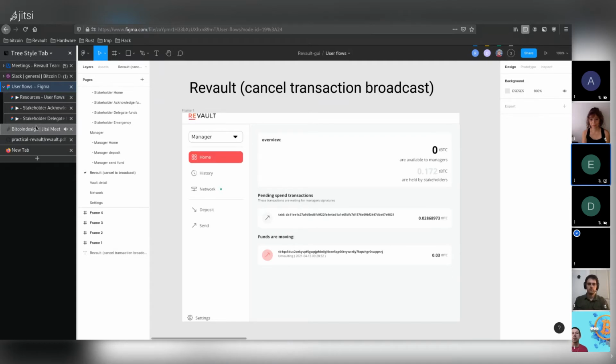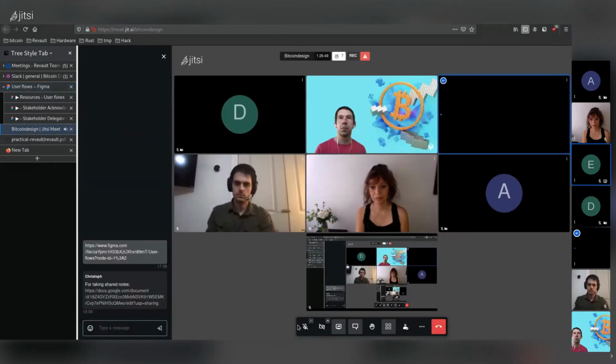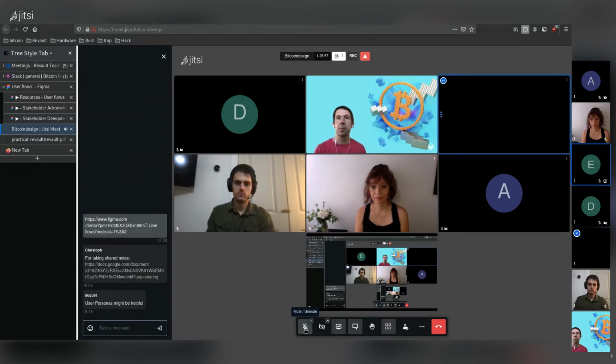How many stakeholders would there be? How many managers? What's the setup internally, and what are the needs that would dictate what should even be in the GUI? So I was thinking more on the earlier side, like what's the scenario you're trying to solve for?